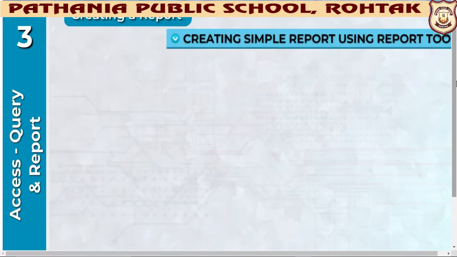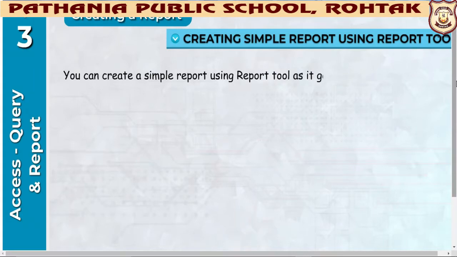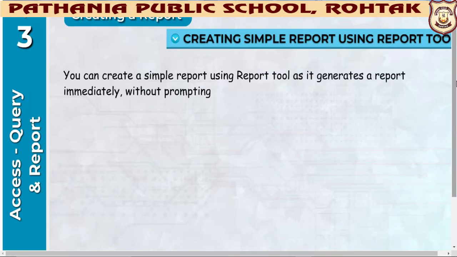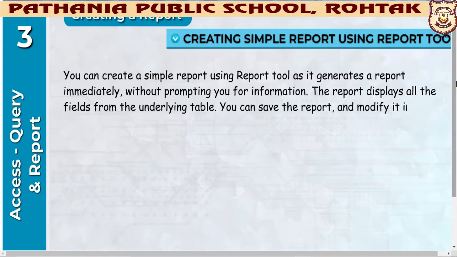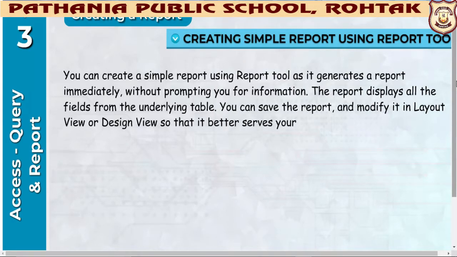Creating a simple report using the Report tool. You can create a simple report using the Report tool as it generates a report immediately without prompting you for information. The report displays all the fields from the underlying table. You can save the report and modify it in Layout View or Design View so that it better serves your purpose.